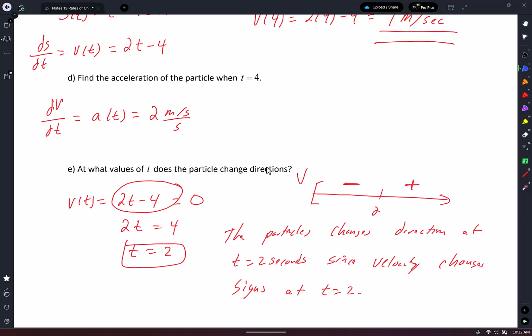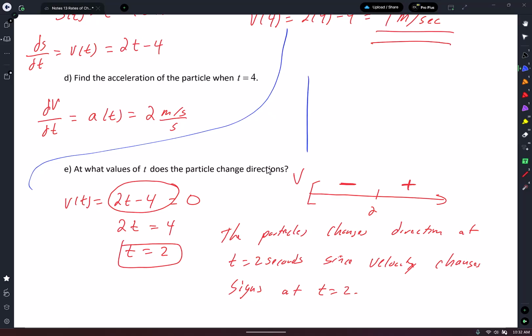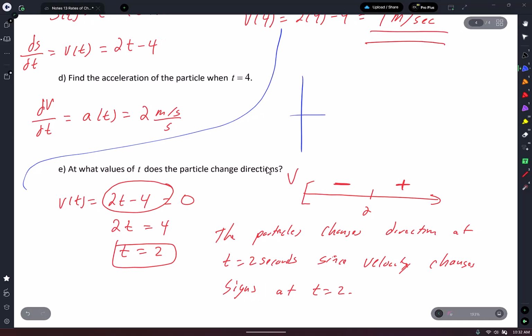Okay, let me draw a visual. So here's that visual. It's not for letter D, it's a visual for letter E. This is my velocity. Here's my time. Are we still okay? I have a y-intercept of -4, and it looks like that. And it crosses the t-axis or the x-axis at 2. Notice that to the left of 2, my velocity is negative.